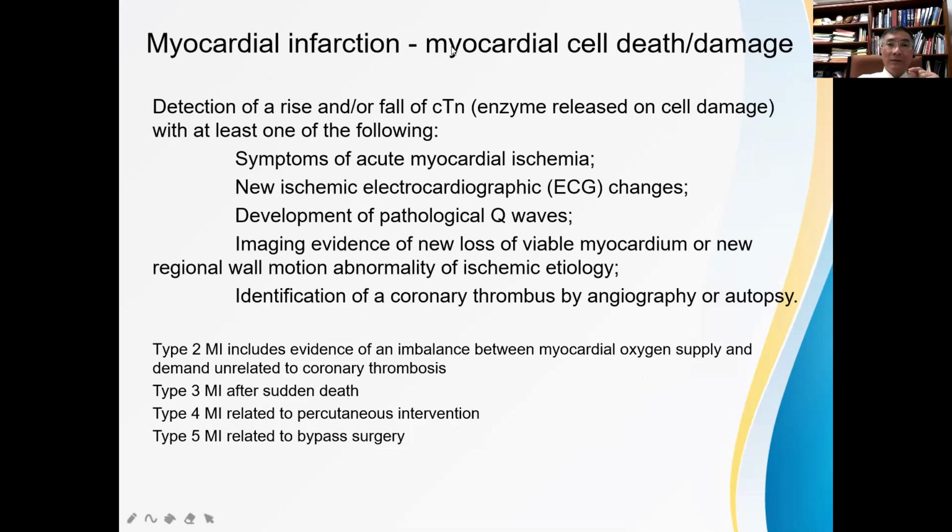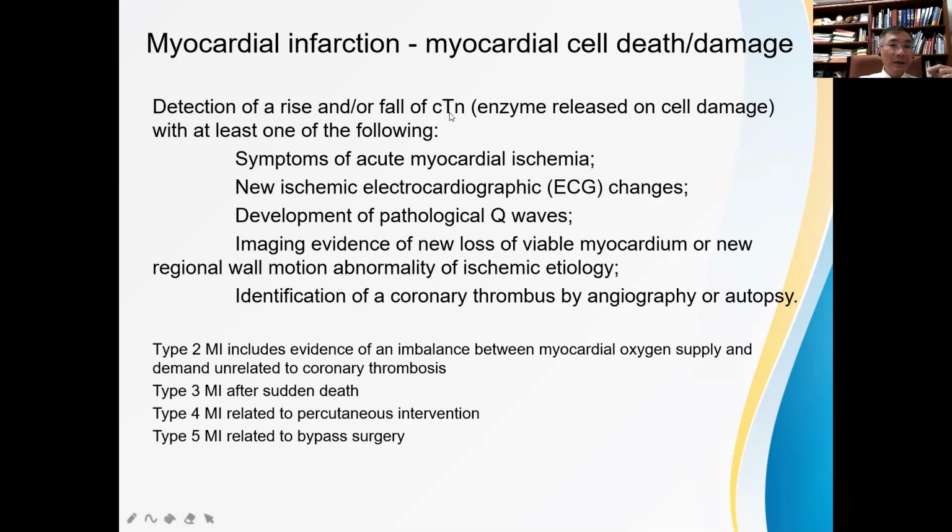Now, in myocardial infarction or heart attack, there must be death of myocardial cells. So the definition of a myocardial infarction therefore says that we have to detect a rise and fall of cardiac troponins. Cardiac troponins are proteins released from the heart muscle when it is damaged. The troponin is contained within the muscle, the cell of the heart, and so when there is damage and the cell dies, the troponin gets released into the blood.